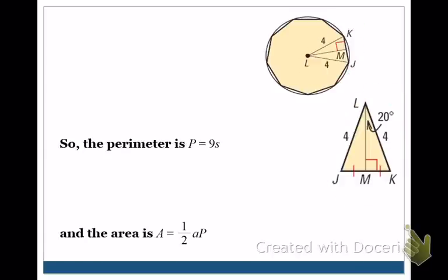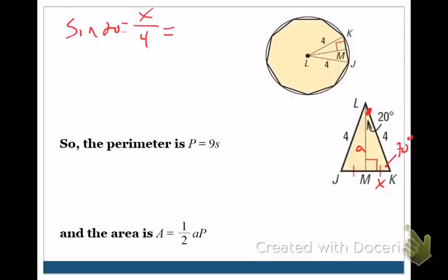This angle is 20. We just talked about how. This one's 70. Again, we just talked about how. I need to find the apothem, and we need to find half the side length. From this angle in this right triangle, we are looking for the opposite side, and we know the hypotenuse, and that's sine. So we can write the equation, sine of 20 degrees equals opposite over hypotenuse, and be able to find half that side length.